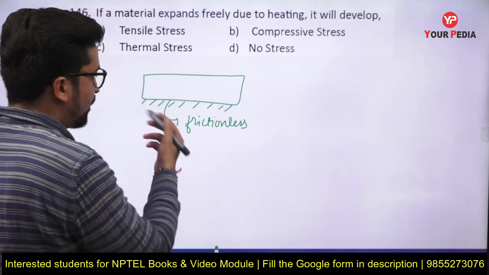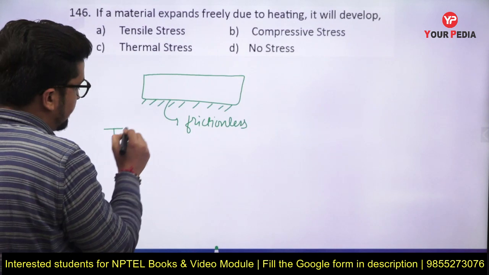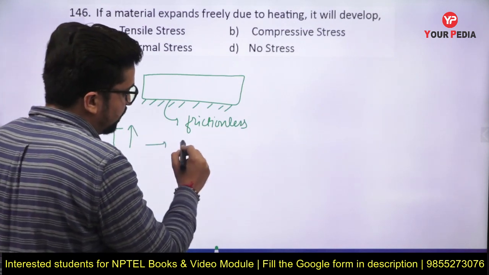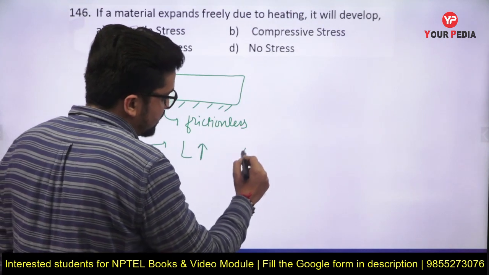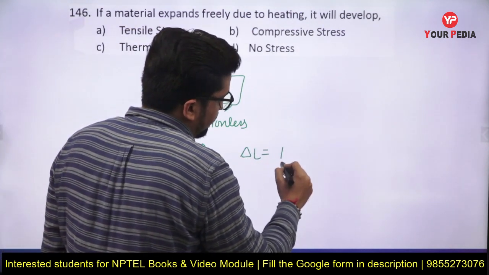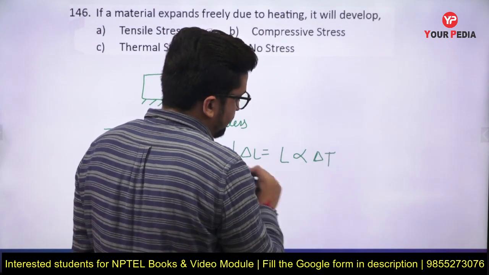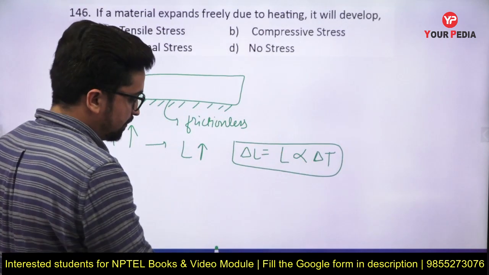On heating, if temperature increases, length will increase, and the change in length will be given by original length into alpha into temperature rise. This will be the change in length, right?